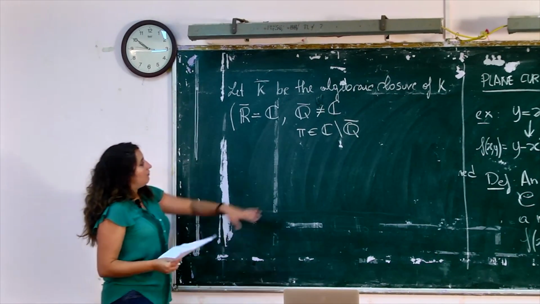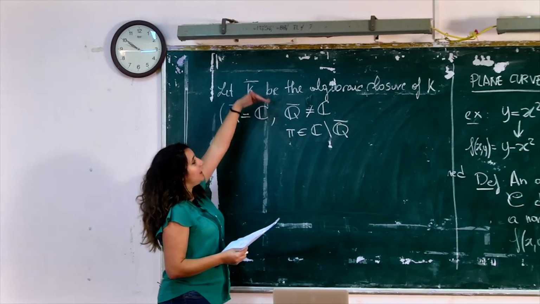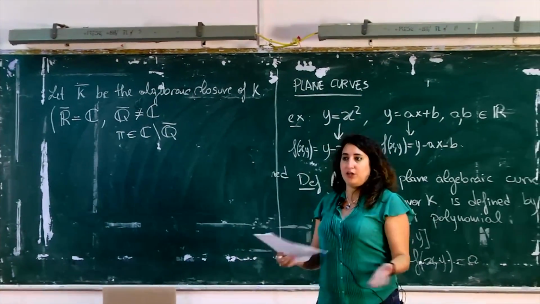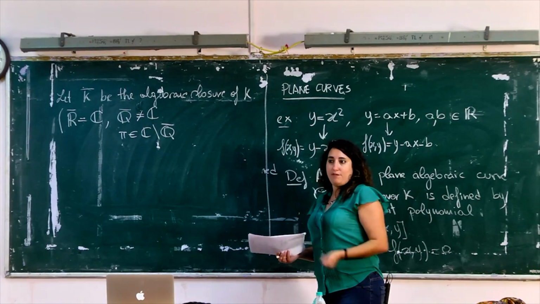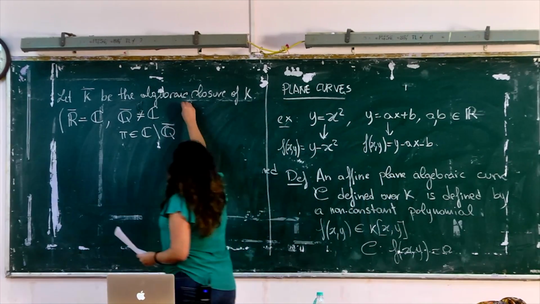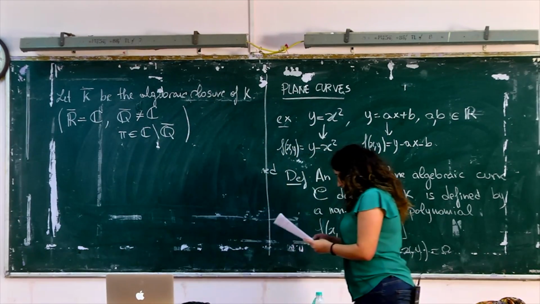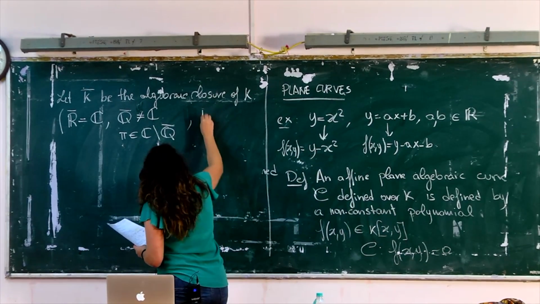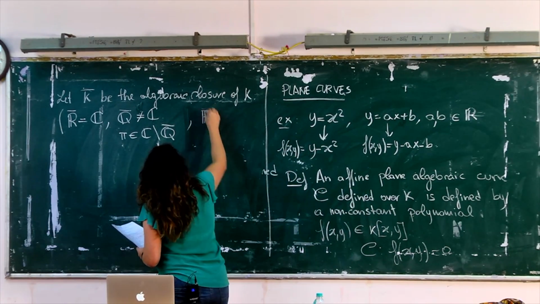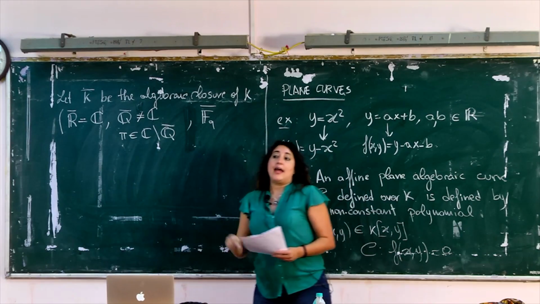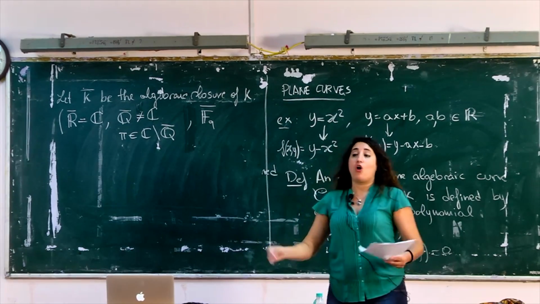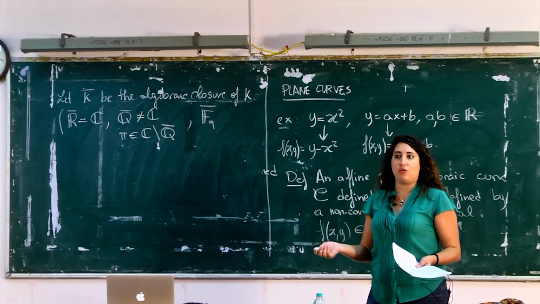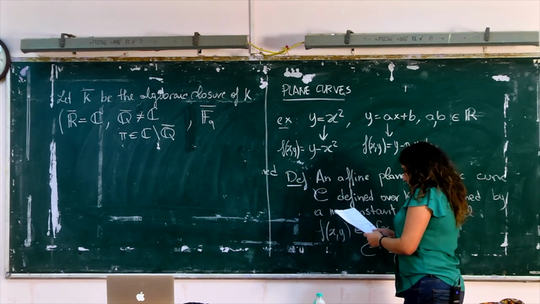Okay, so you see, taking the algebraic closure is basically taking all the roots of the polynomials that we can define over that field, okay? And you will see that also for finite field, we have an algebraic closure that we denote like that, and is again the set of all roots of all polynomials that you can define over FQ, okay?